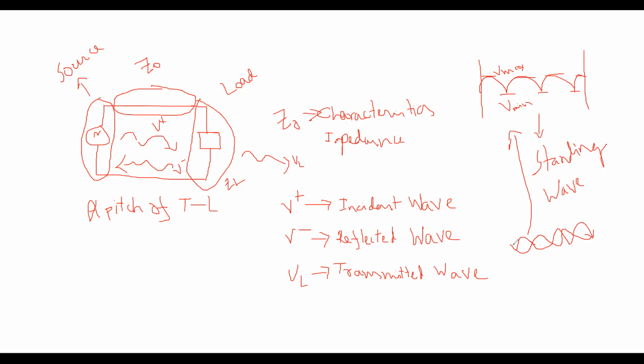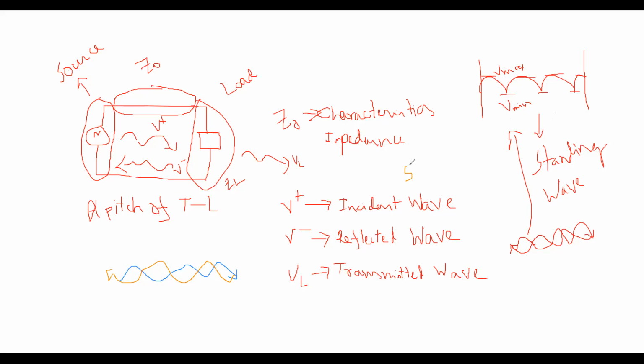So if we draw in a different manner, the combination of these two will give this kind of wave. That is called the standing wave, and from the standing wave we get a new thing, that is S.